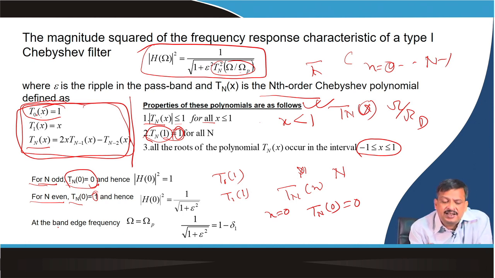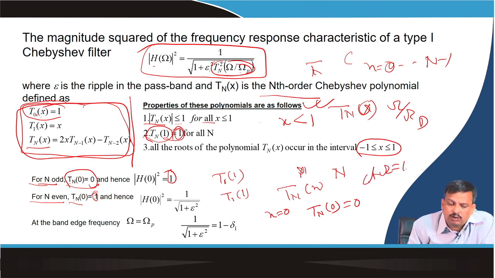When Tn of 0 is 0, that means the whole thing is 1 by 1, so it is nothing but 1. Now, when Tn of 0 is equal to 1, that means at omega equal to 0, H of 0 whole square is nothing but 1 by epsilon square.